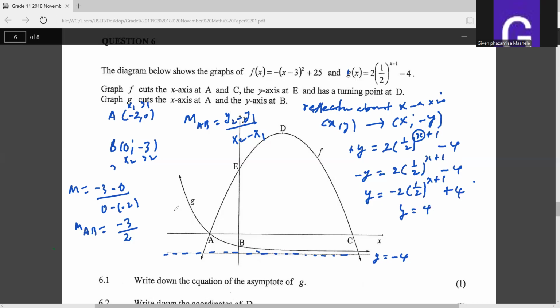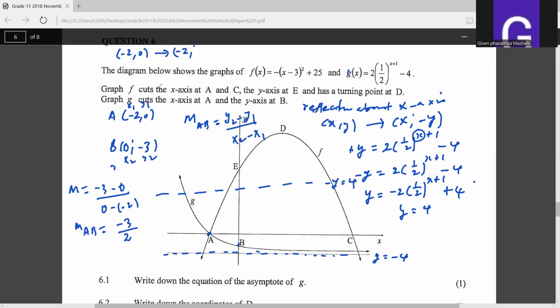So the y equals 4 is this side. So this is the y equals 4. And we know that for the reflection about the x-axis, what is the coordinate of A? Minus 2, 0. So if from A we had minus 2, 0, reflection about the x means x will not change.